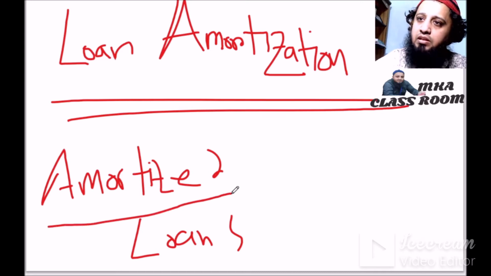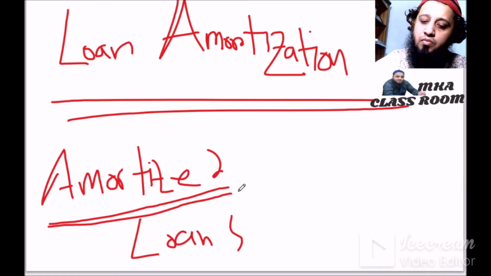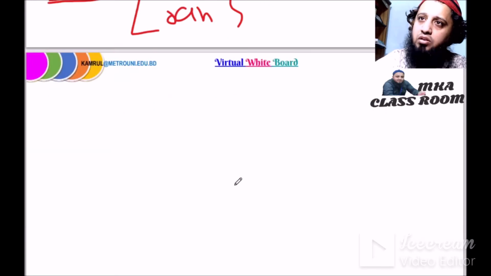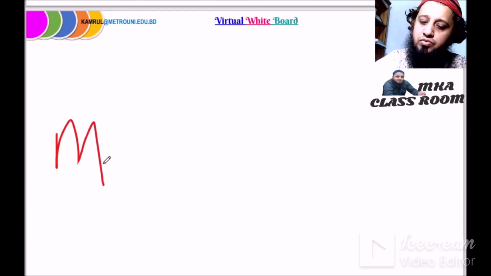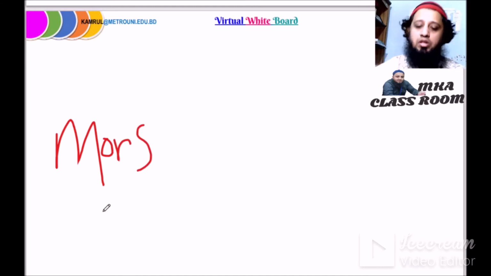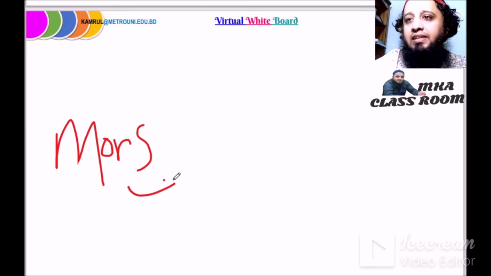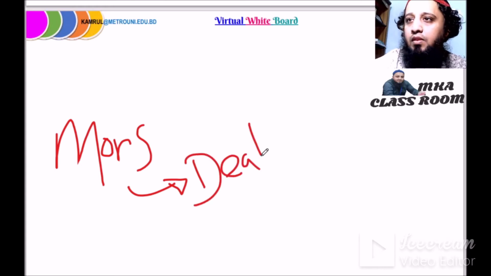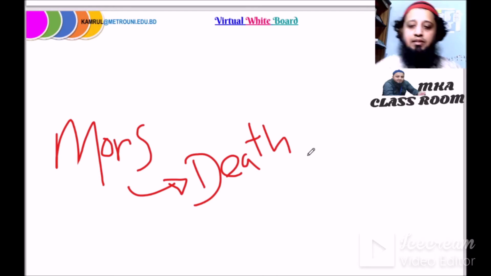Amortized, actually this word comes from the Latin word mors, M-O-R-S, mors, which meaning is death.